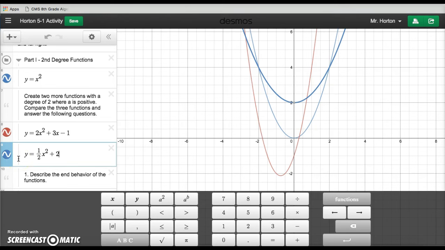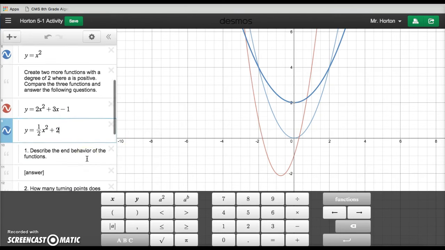Okay. So I've just created any two other quadratic functions as long as they have a degree of 2. It doesn't matter. So you should create your own different functions just so you can look at some different examples. The first question says, describe the end behavior of the function.